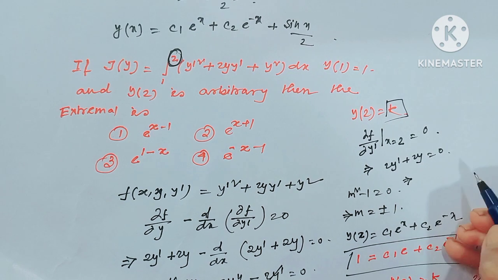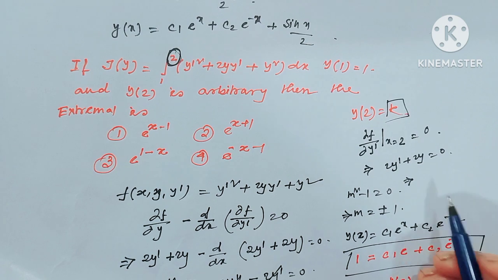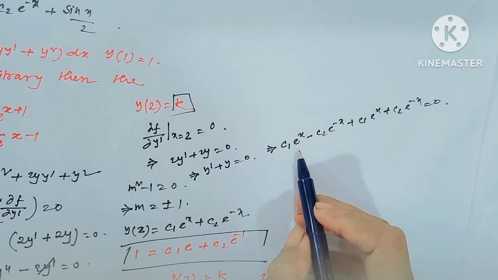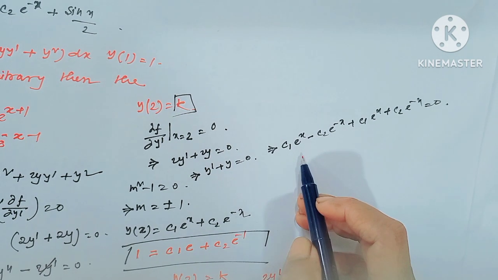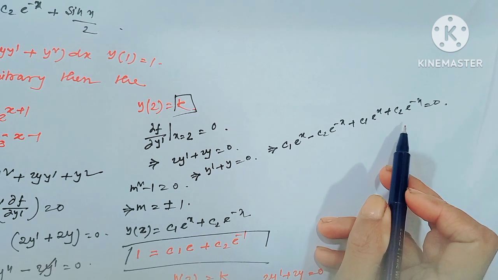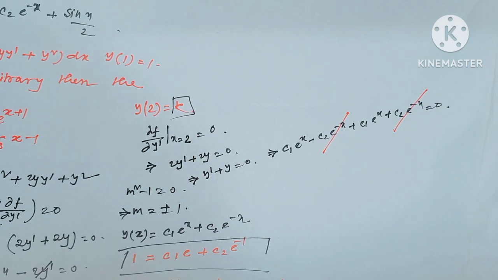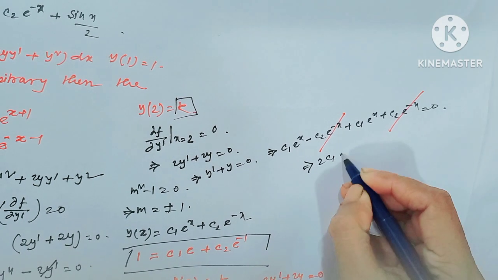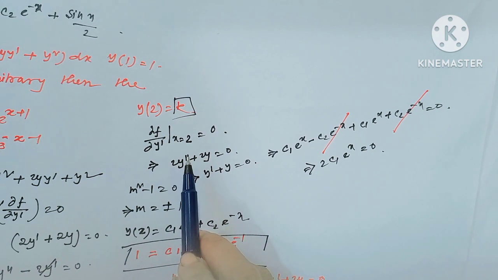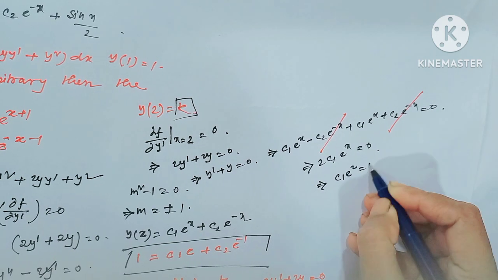That implies at x = 2, y' + y = 0. Here y' = c1 e^x - c2 e^(-x) and y = c1 e^x + c2 e^(-x). Cancelling, this gives 2 c1 e^x = 0 at x = 2, so c1 e^2 = 0.